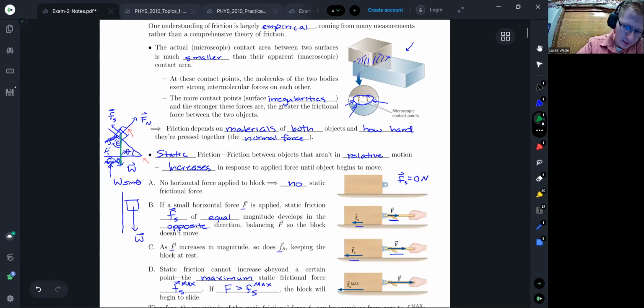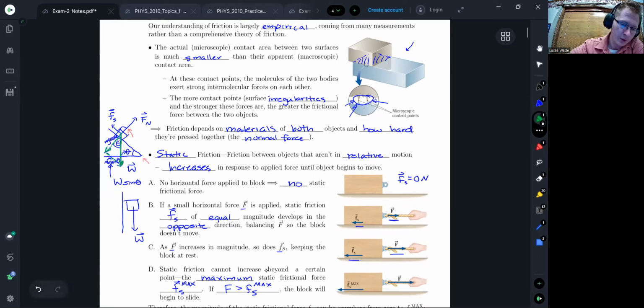This is the weight of this object. It acts straight down towards the center of the earth, not into the ramp. What does act into the ramp, this perpendicular piece, is the component of that weight. So we can decompose the weight vector into components that act perpendicular to the ramp and parallel to it.